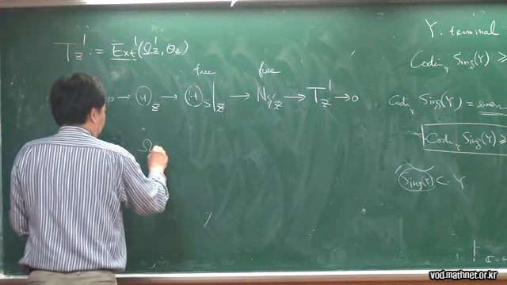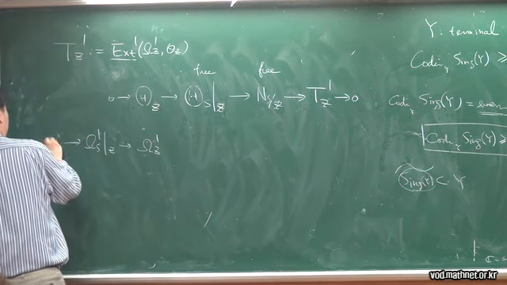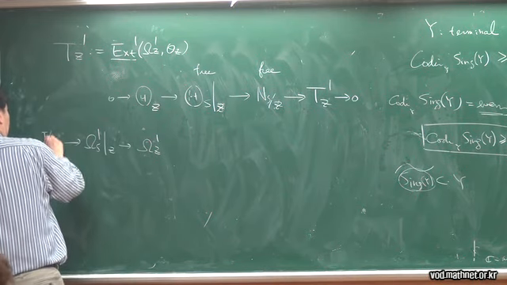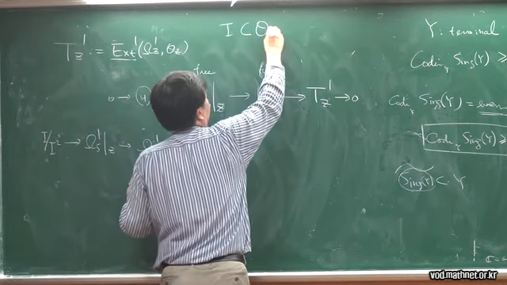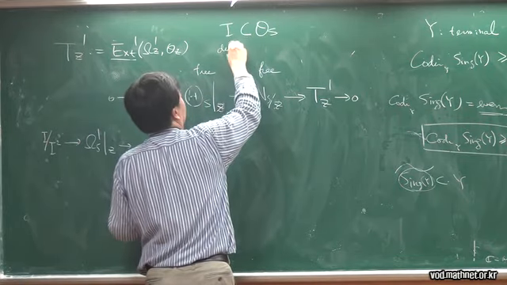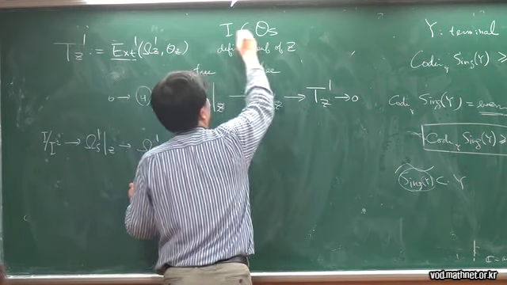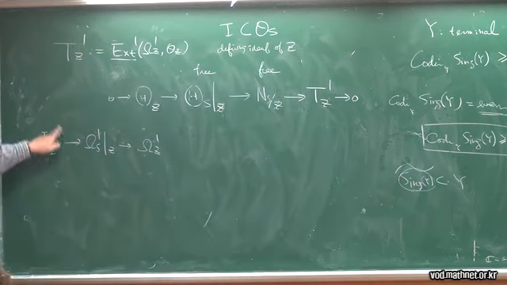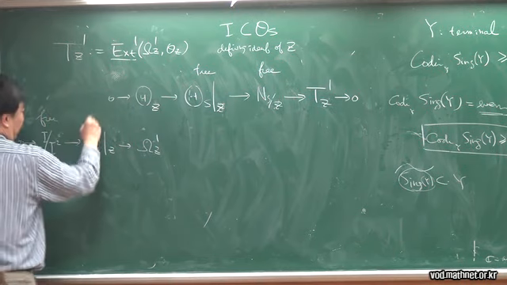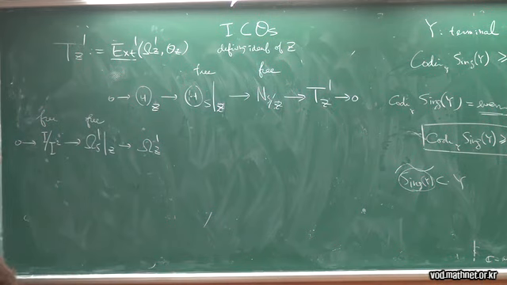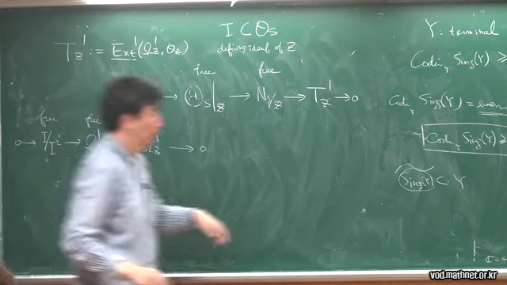Here you have the normal bundle. I is the defining ideal of Z. Then this is a conormal bundle, and this is free and free, and this is surjective.